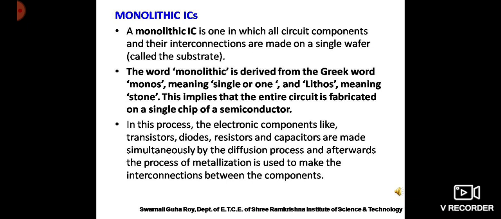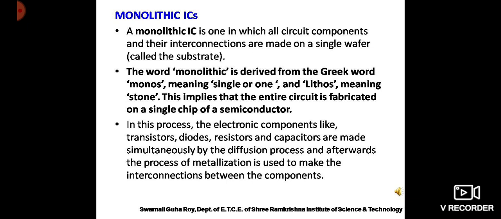The word monolithic is derived from the Greek word monos, meaning single or one, and lithos, another Greek word meaning stone. This implies that the entire circuit is fabricated on a single chip of a semiconductor.